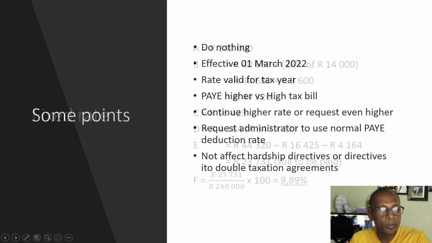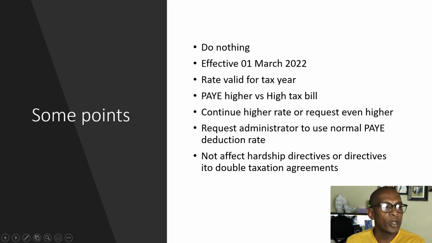Now, just in terms of some points for our clients, the first thing is they could do nothing. And the reason I say that is, remember, this is driven from SARS. SARS issued the directives to the administrators to apply this higher or fixed rate where an annuitant has more than one source of income.